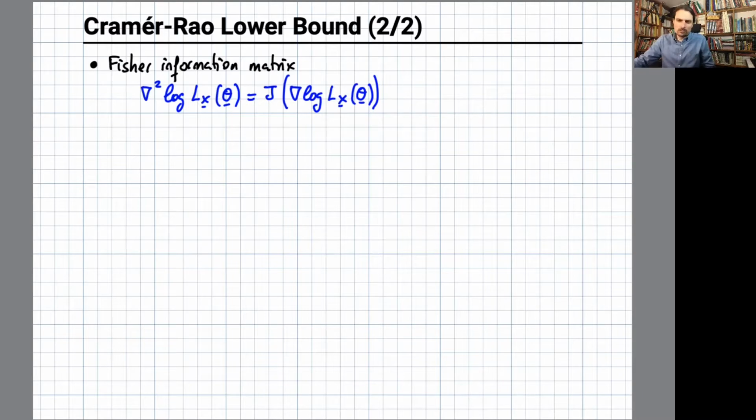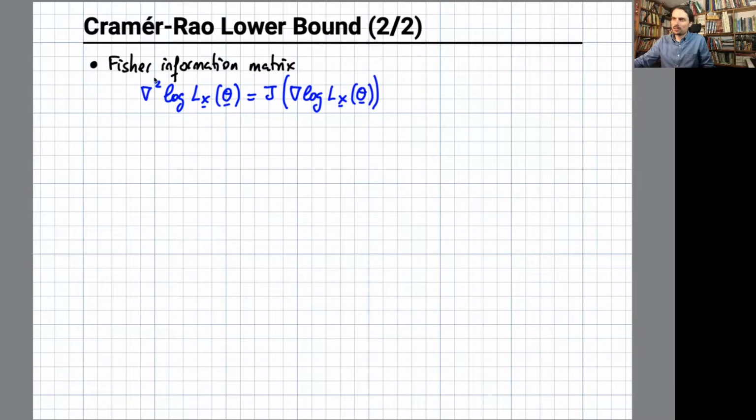The Cramer-Rao lower bound is provided in terms of the Fisher information matrix. So let us compute this matrix. And to that end, we need to obtain the Hessian of the log likelihood function, right?